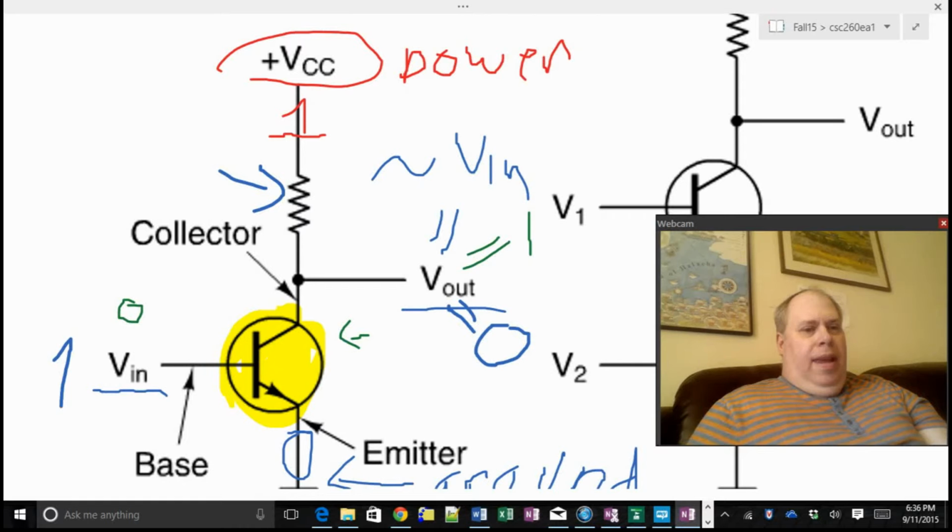Now, it's really not great for the circuit when V in is 1. When you have power on one side of a resistor and ground on the other side, directly connected to each other, that's called a toaster, and this guy gets hot.